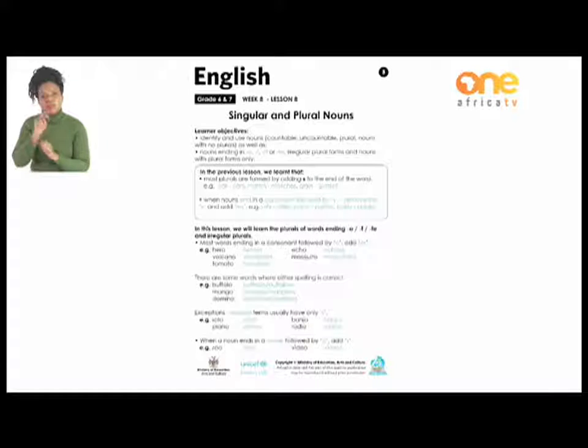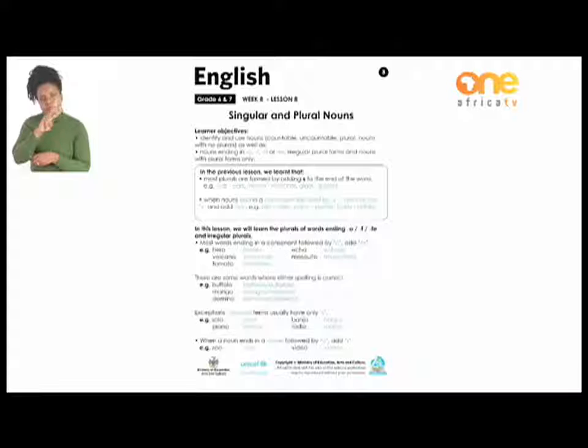Most words ending in a consonant followed by O, we add ES. For example, hero becomes heroes, echo, echoes, volcano, volcanoes, mosquito, mosquitoes, tomato, tomatoes. There are some words where either spelling is correct.